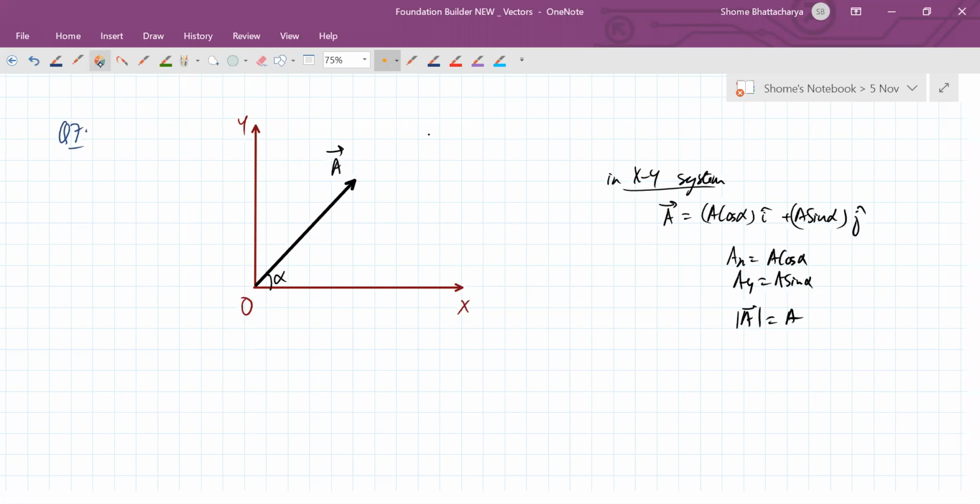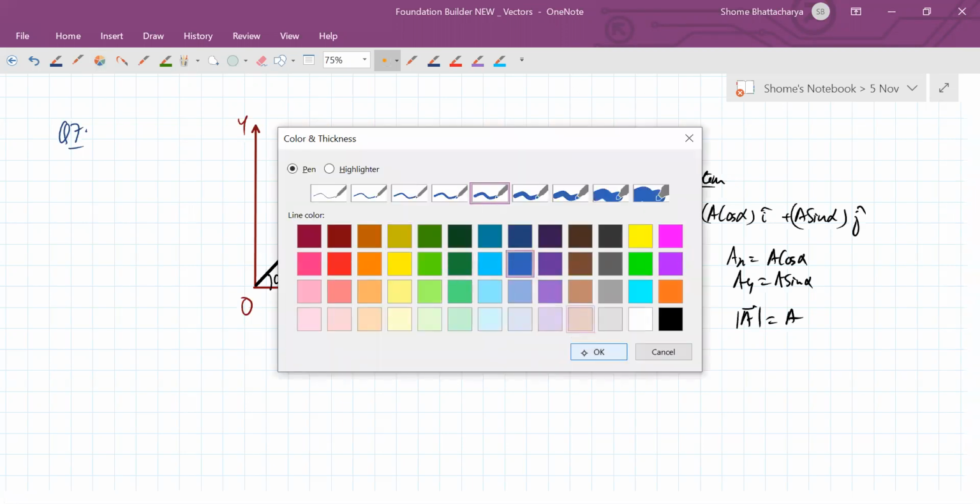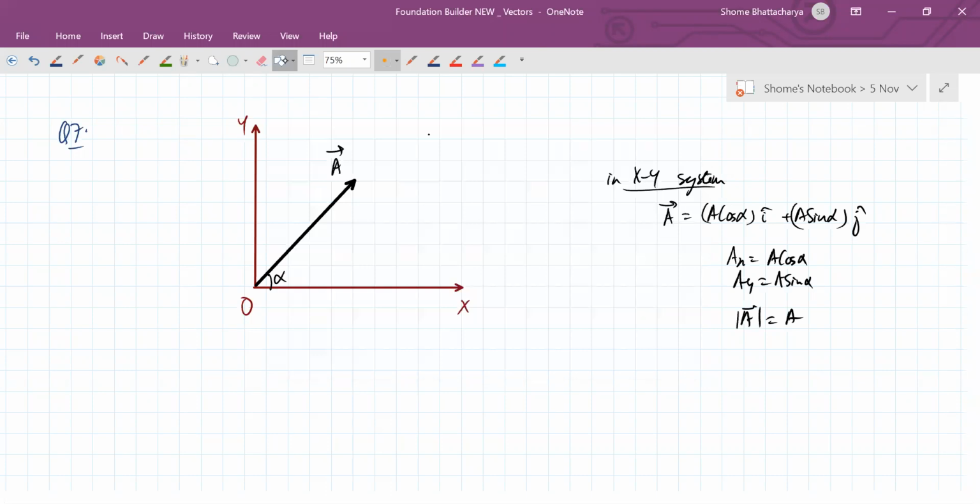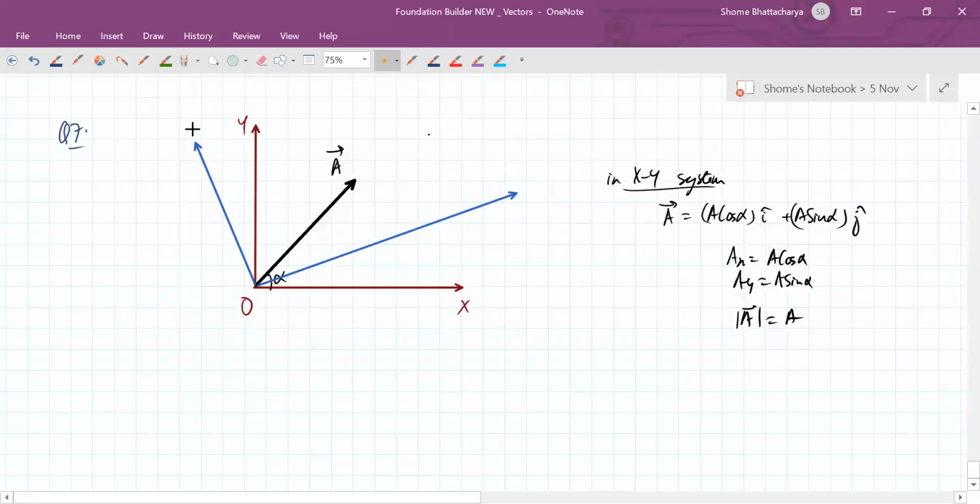Okay. Now if somebody else makes a different coordinate frame, for some reason they decide that no, their coordinate frame is not like this, their coordinate frame is like this. This is their x axis and this is the y axis. Somebody else is working in a different kind of system, like this, where this is the x prime axis, this is the y prime axis. Okay, they are mutually perpendicular, but they are now like this, where now this angle is beta.